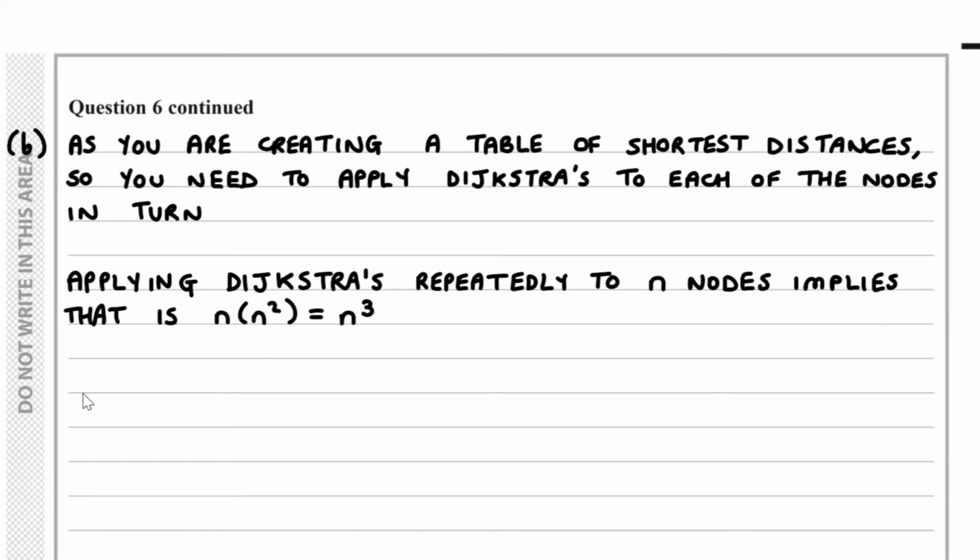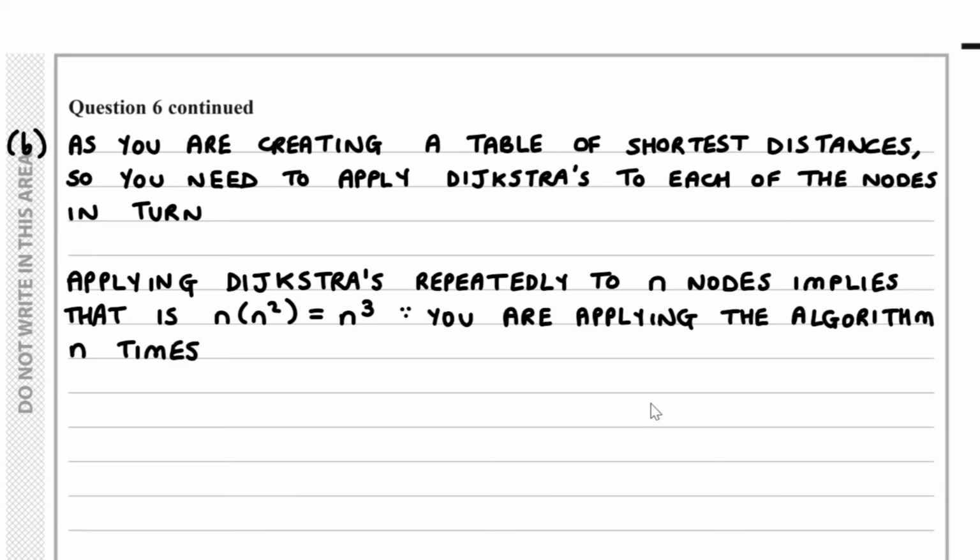What we are saying here is one application of Dijkstra's is n squared, and we are doing Dijkstra's for every node in the network, so we are applying the algorithm n times.